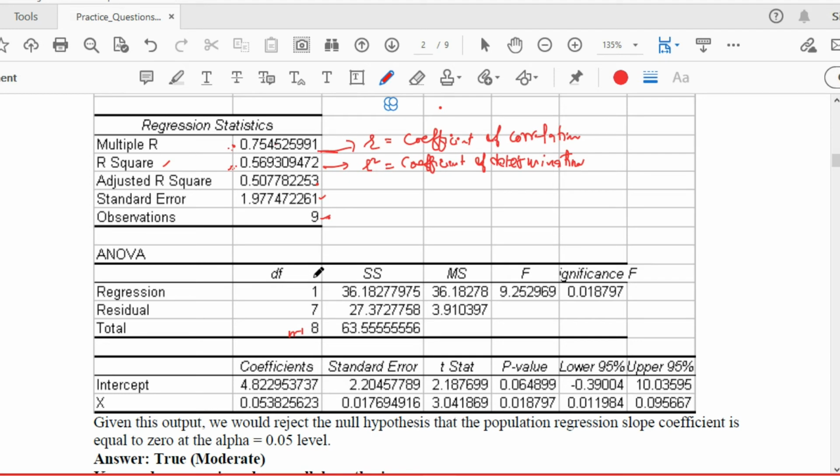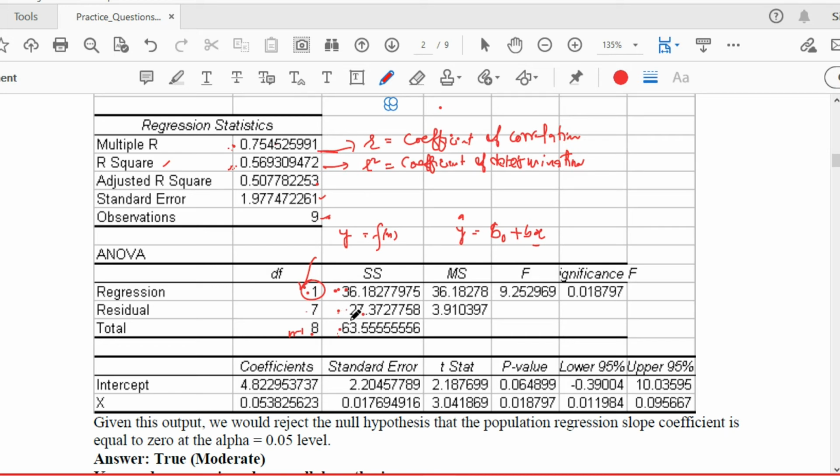In simple regression, because we have only one x variable, it means there is a simple linear regression, y is equal to f(x), or y cap is equal to b0 plus b1x, only one x variable, that's why it is 1. Remaining, this plus 1 should be this. So with the help of this we can calculate. These values will be given, or any two values will be given, because this plus this should be equal to this. Suppose this value is not given, so add it.